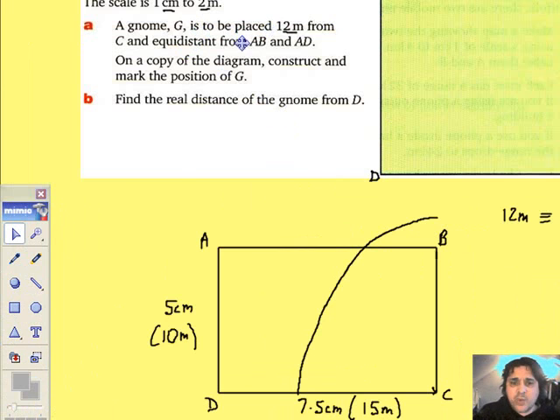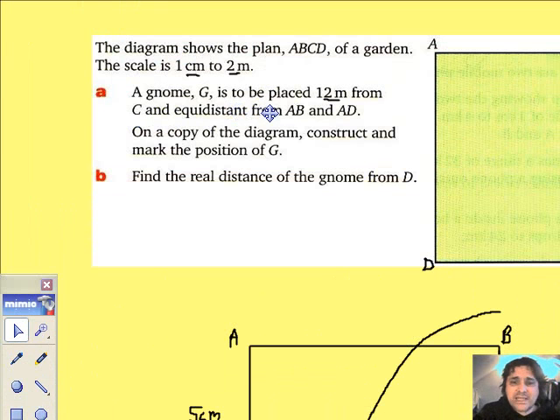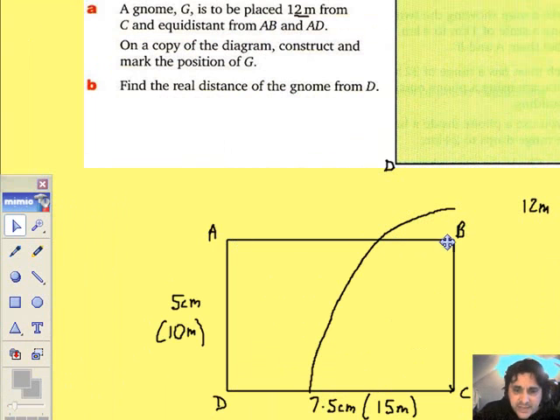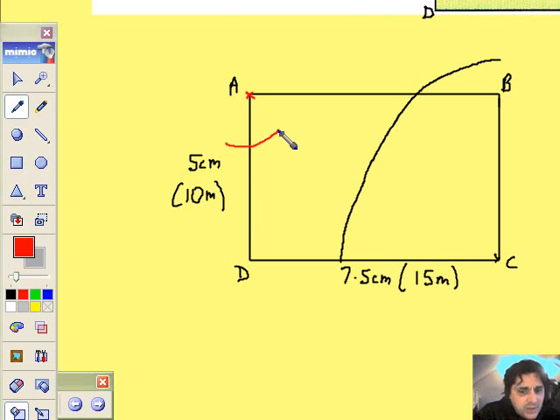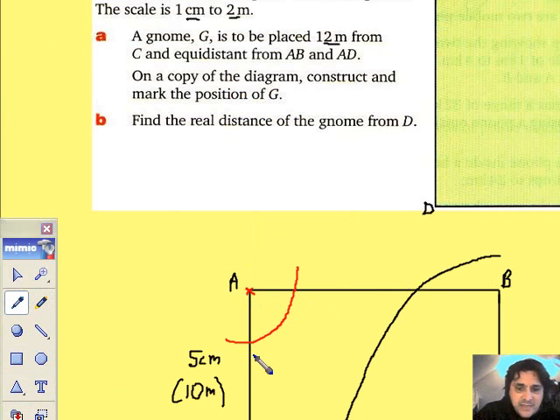And it's got to be 12, I've done that, and it's got to be equidistant from AB and AD. There's AB, there's AD. To be equidistant between those two lines means, guess what, I've got to bisect this angle. So remember, put your compass there, just draw a small arc that cuts the lines AB and AD. They are now the same.